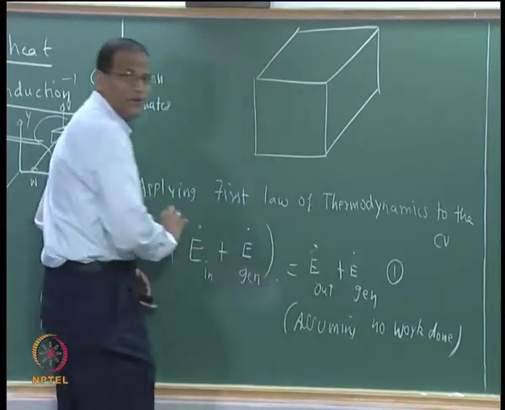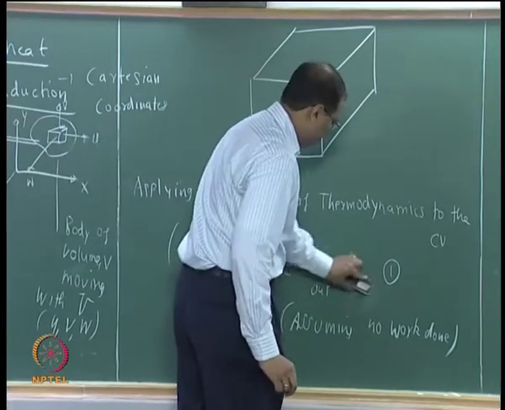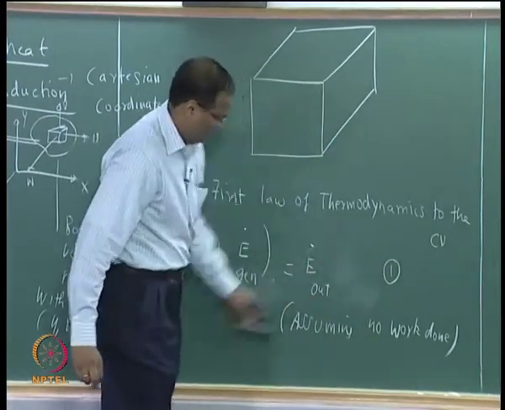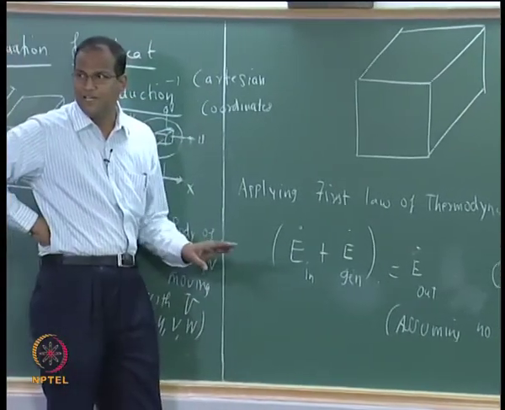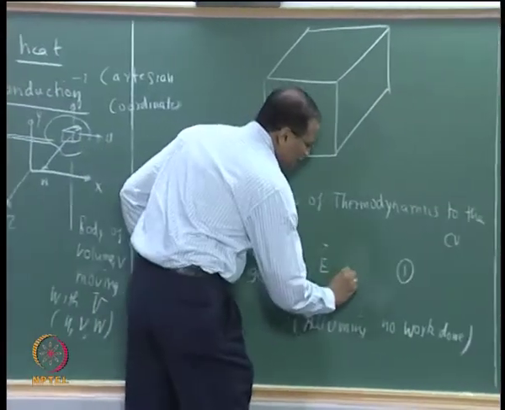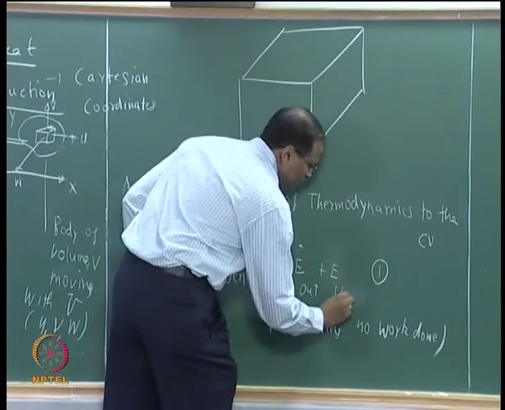So they are positive contributors. If they are balanced, it will be equal to E dot out, then it will be steady state, but if it is not happening, then it will be E dot stored. Is that okay?